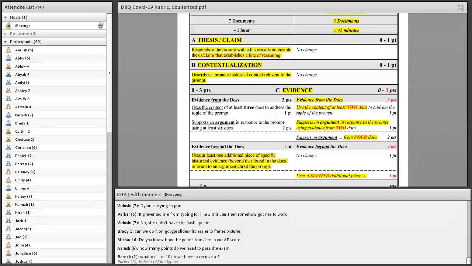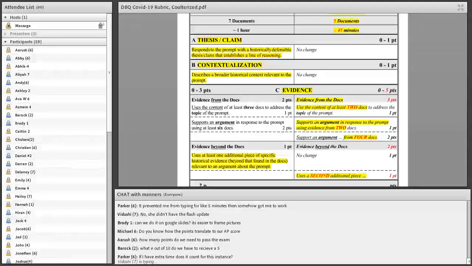So do I know how the points will translate to our AP score? I do not, but I don't know the answer to that, Brock, right? Yeah, Parker, it will be built in because you have it on your My AP Classroom. So the big thing will just be for you to watch that timer for that.